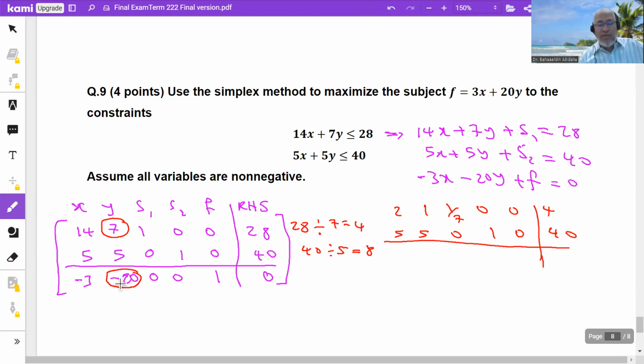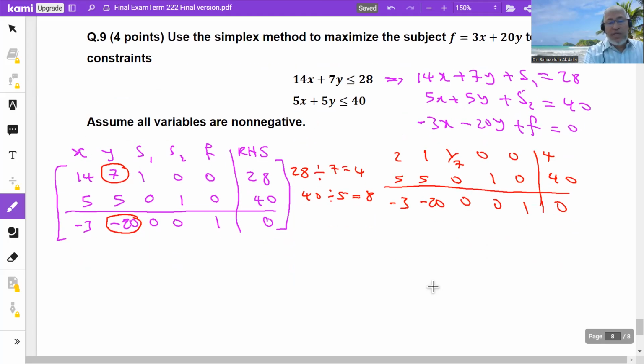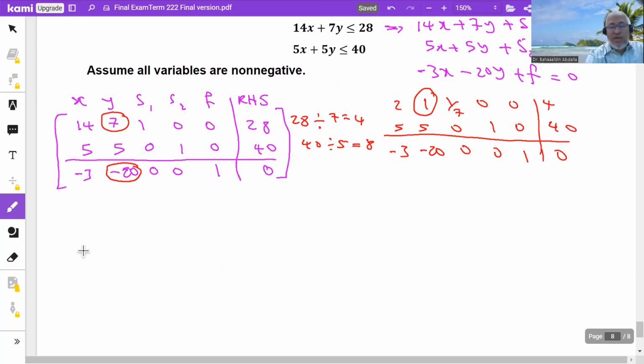And I have here negative 3, negative 20, 0, 0, 1, and 0. This is not yet the new tableau because I did not change these numbers to 0. Once I make this one, I have to change these numbers to 0 to get the new tableau.